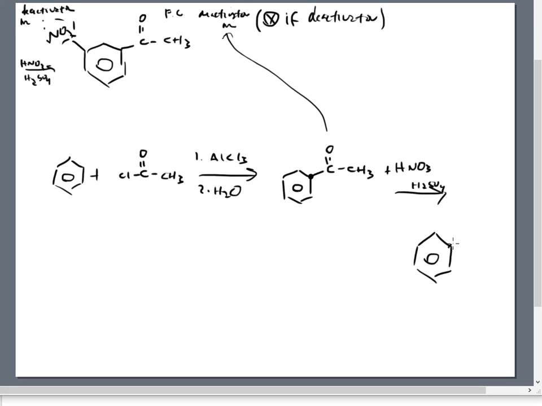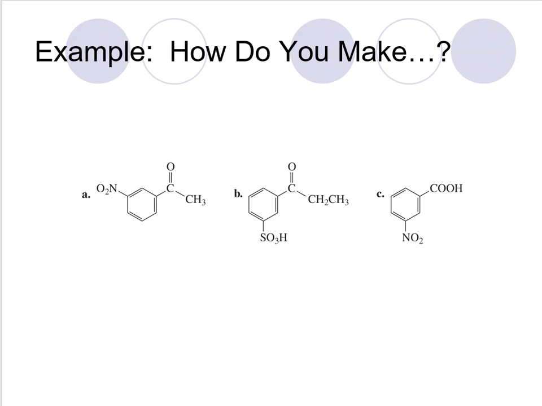So what I'll end up with is a C double bond O CH3, and then there's my meta position, and this is an NO2 group that adds on to that location. All right, so there's the synthesis. It's multi-step, and in this case it was just 2 steps, but it's still multi-step in order to form that product. All right, so with that finished, let's go and take a look at B.